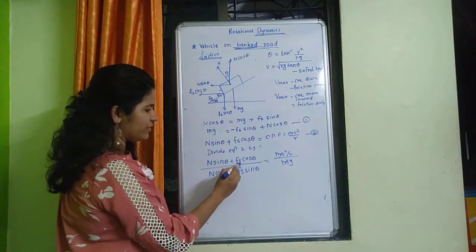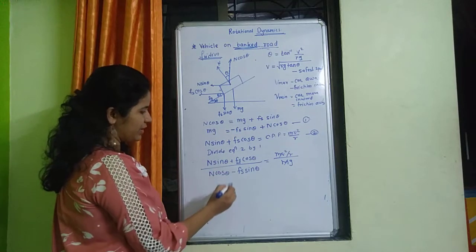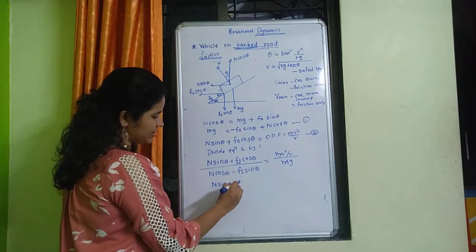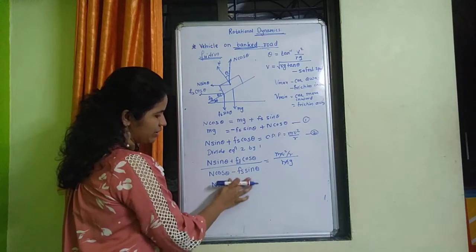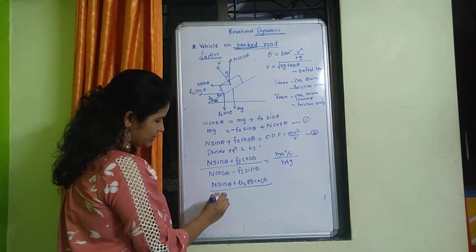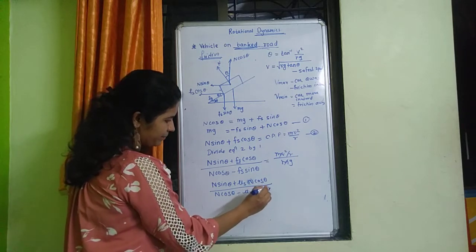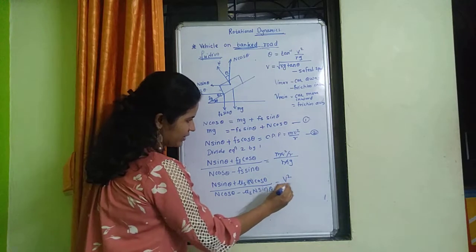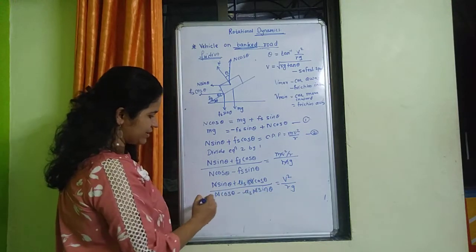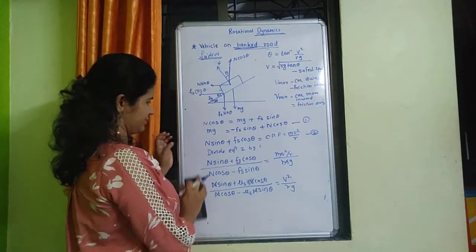Here we put Fs equal to mu s, the static friction coefficient, times the normal reaction N. So N sin theta plus mu s N cos theta divided by N cos theta minus mu s N sin theta equals v square divided by r g. The N gets cancelled.